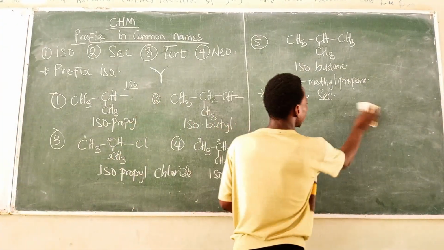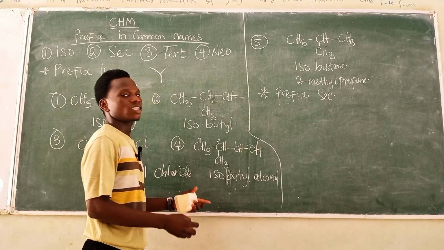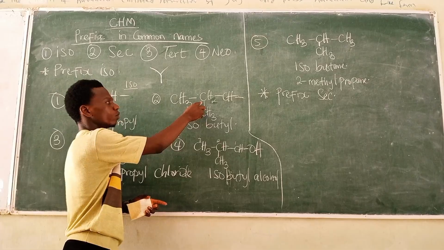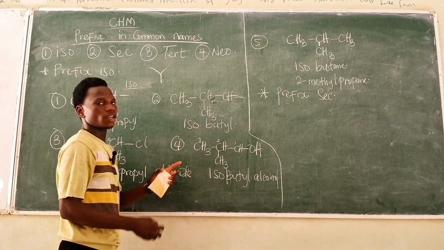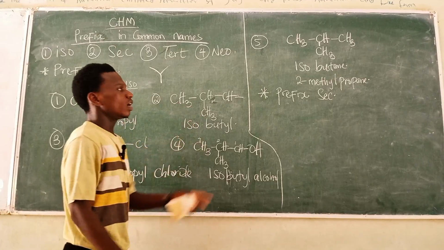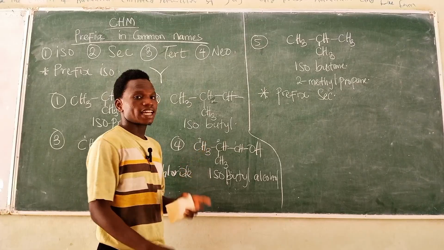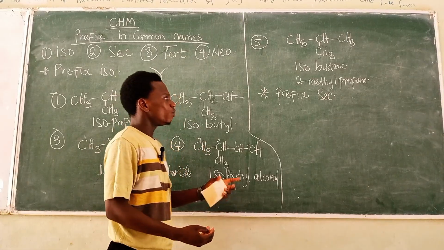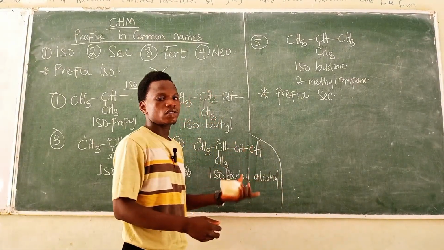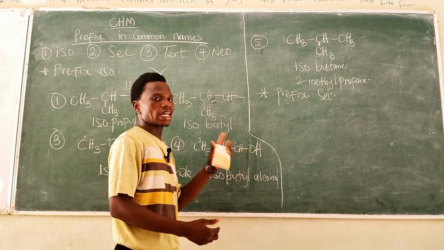You can notice that a compound can be iso and also be secondary. Look at this particular carbon. It is an iso, also a secondary carbon, because it is bonding to two other carbon atoms. So a sec can also be a secondary carbon atom, but it can never be an iso. Why? Because if the other alkyl group bonding to the second to the last carbon atom is a methyl, then it is no longer a sec but an iso.